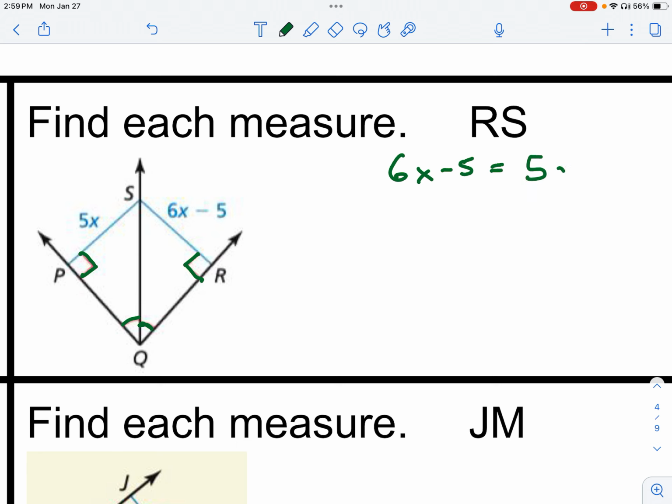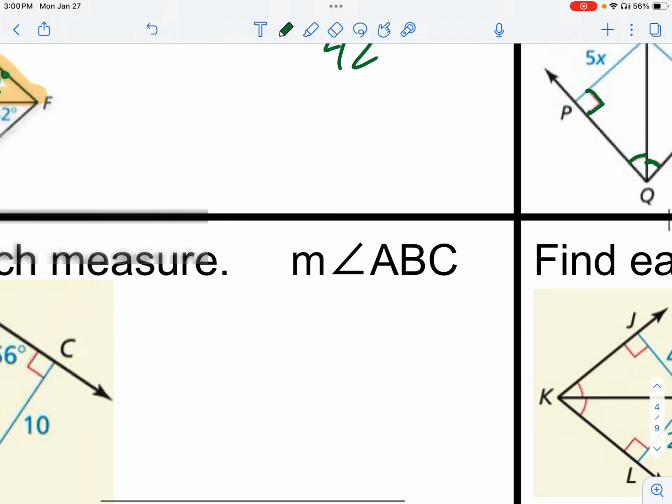So we're going to set them equal. And we're going to solve for x equals 5. And then we're going to go ahead and plug it in. So RS equals 6 times 5 minus 5, or 25.